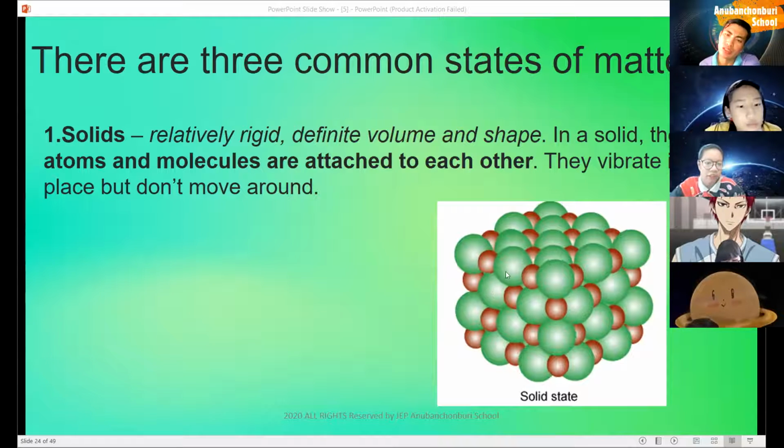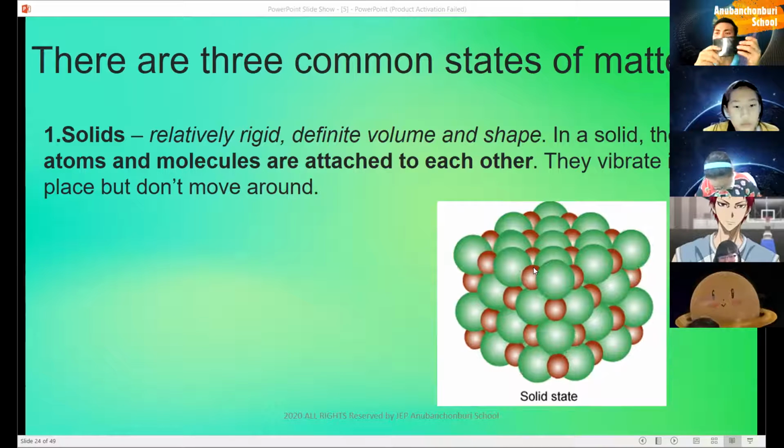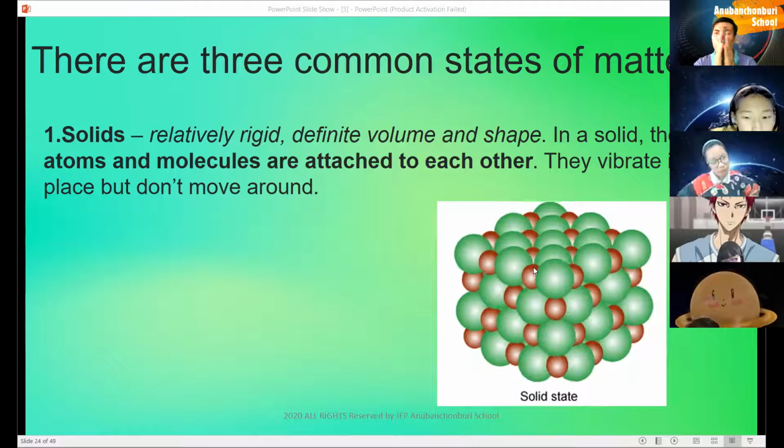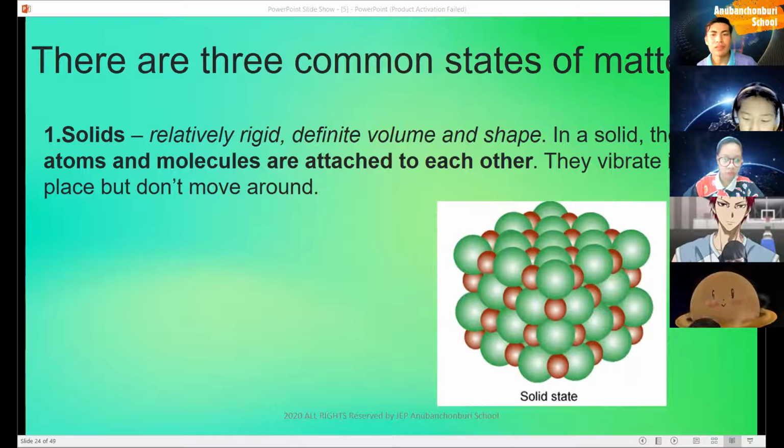Of course, this one is a solid state, like a cell phone. This is solid, so we can see that the shape doesn't change, right? The shape doesn't change, and the volume is fixed. Okay, the volume is like this. It will not change. And the molecules are attached to each other. They vibrate in place, but they don't move around.